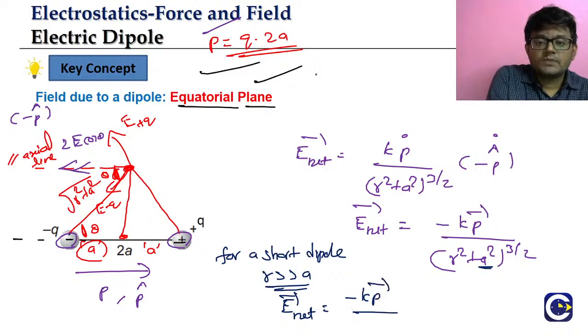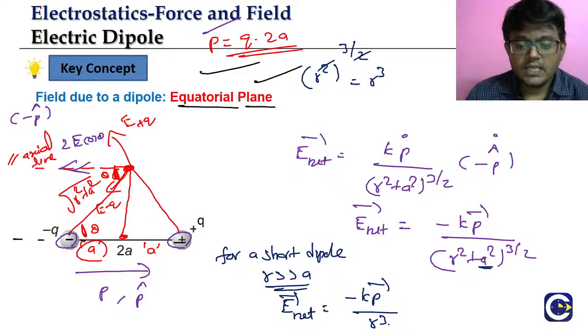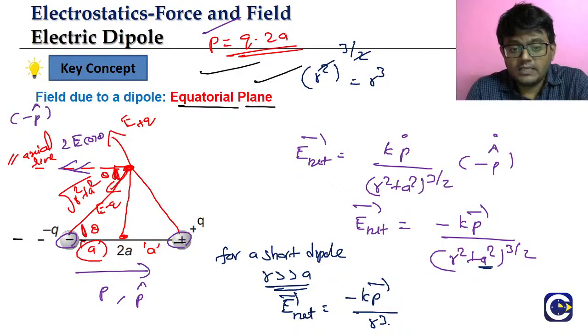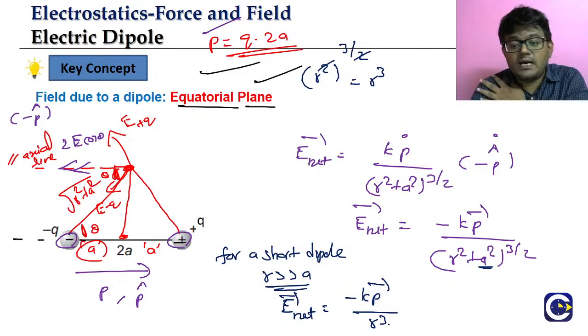So R square whole power 3 by 2 is R cube, as the powers cancel out. So it is minus Kp bar by R cube. This is the electric field at a point on the equatorial plane for a short dipole.